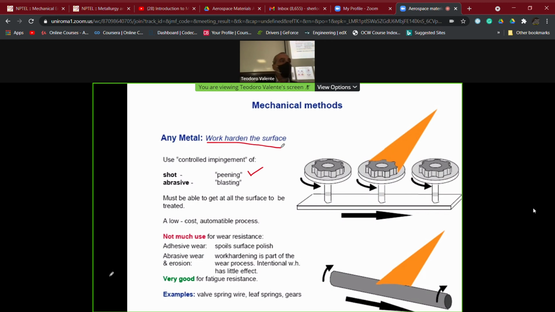Think of mode 1 of fracture propagation, for example. So this is quite a usual technique, used in standard surface modifications without any change of composition of the materials, just putting work hardening and then residual stresses on the surface itself.